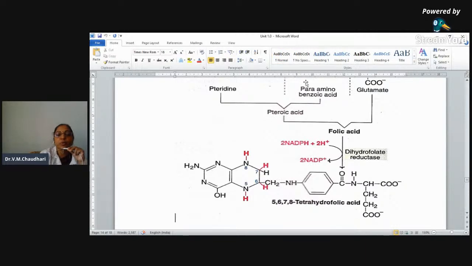This folic acid undergoes a reduction reaction by the enzyme dihydrofolate reductase. NADPH provides hydrogen atoms and is converted to NADP plus. Folic acid receives 2 hydrogens from NADPH, and these 2H plus, that is 4 hydrogen atoms, are provided to folic acid, and it is converted to 5, 6, 7, 8 tetrahydrofolic acid.